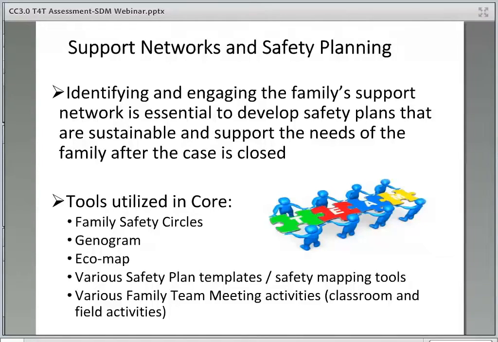Also, reminding social workers of things to consider when developing safety plans with a parent. Does the parent or caregiver have the ability to access resources to provide necessary safety interventions? Does the parent or caregiver have supportive relationships with one or more people who are willing to participate in the safety planning?